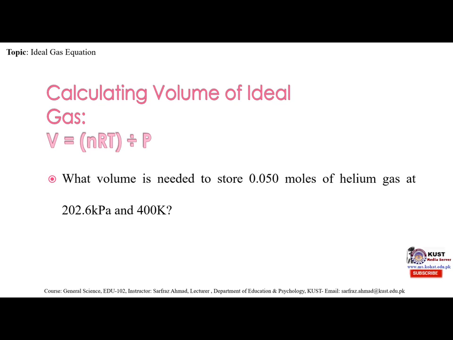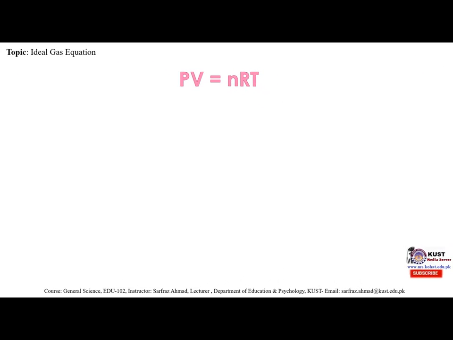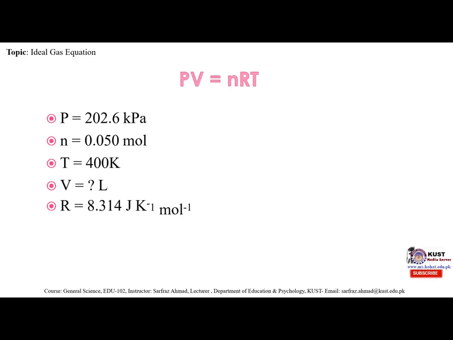So what volume is needed to store 0.050 moles of helium gas at 202.6 kilopascals and 400 Kelvin? As we know that PV is equal to nRT, we can write down the values.